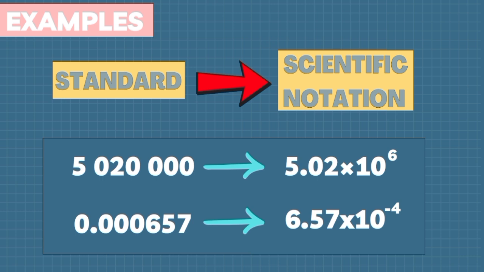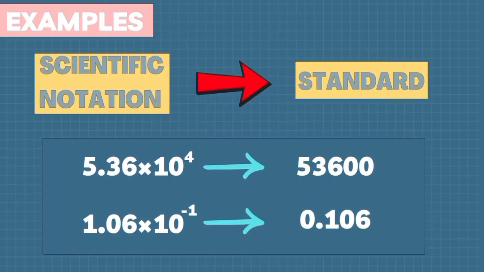So the decimal moves right to left, which is positive. And at the bottom, the first example, 0.000657, had been converted into scientific notation, which is negative, since the decimal moves left to right.